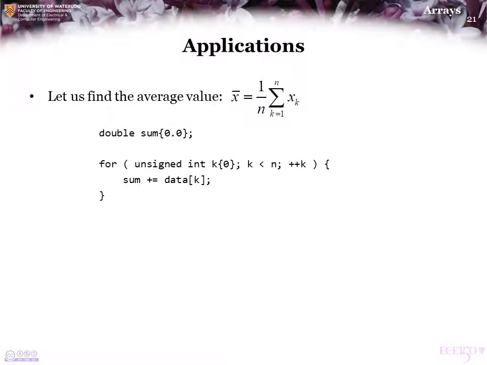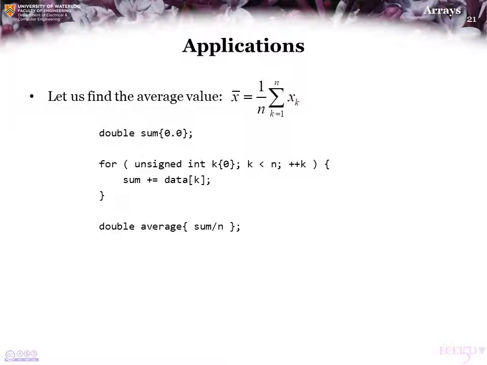I now have a for loop that goes from k equaling 0 all the way up to k equaling n minus 1. With every single iteration of the loop, I add the next entry of the array to my local variable sum. So once this for loop finishes, sum stores the sum of all n entries in that array.